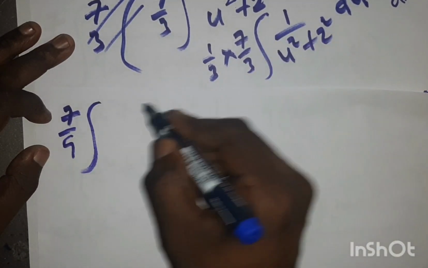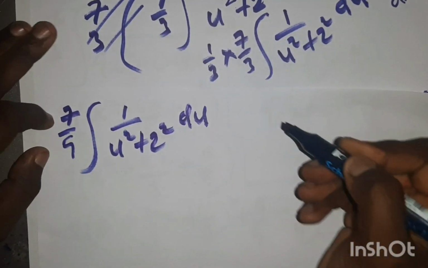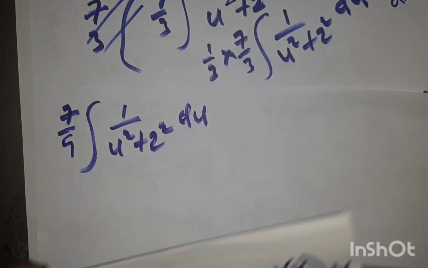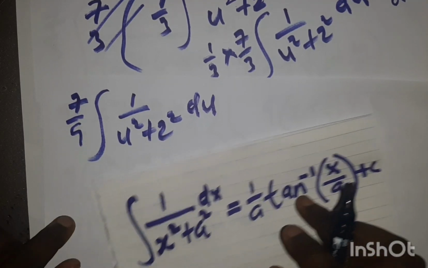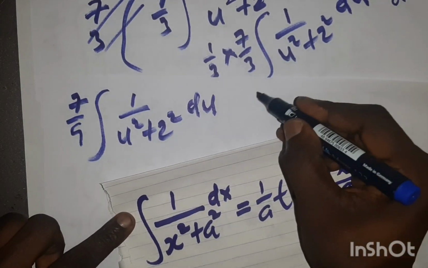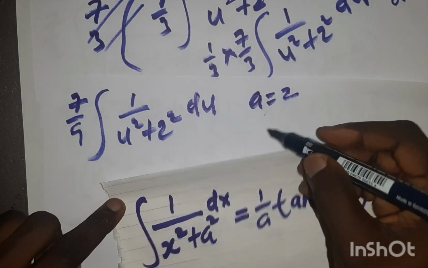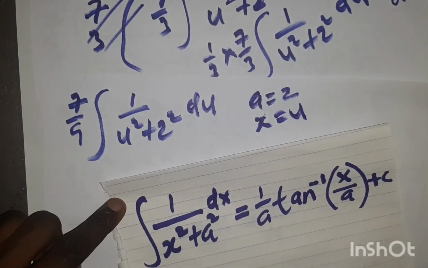Then the integral of 1 over u squared plus 2 squared du. We can now finally apply our trigonometric substitution. It now blends in well. So this 2 is the constant a. So a equals 2, and then the x is u, and then we are good to go.